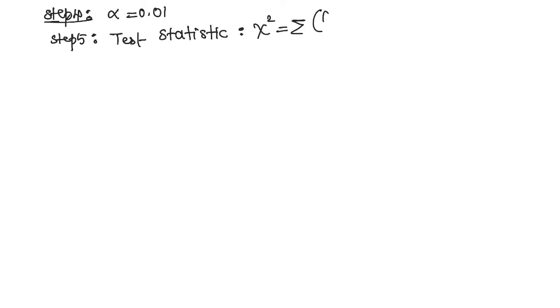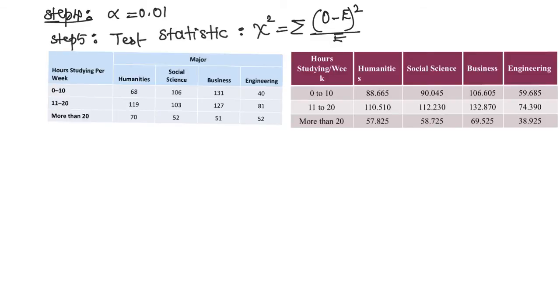Now choose the significance level alpha, that is 0.01, and find the test statistic. So that is chi-square equals sigma (O minus E) whole squared divided by E. So I just copied these two tables from the previous pages.